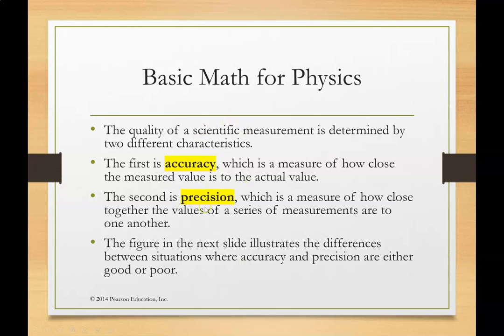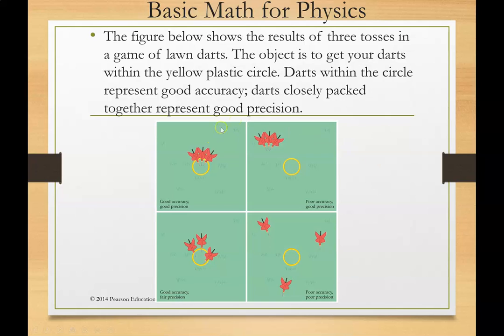Idea of accuracy versus precision. I know in 9th grade, if you reach all the way back in your memory, we talked about accuracy and precision. Accuracy is how close you get to the accepted value, and precision is how repeated your measurements are, how close together your set of measurements are. And just as a really brief reminder, like if you were playing lawn darts, here you have 3 darts that actually hit inside the circle where you wanted to be, so you were very, very accurate, but they were also very close together, so it was also very precise as well.